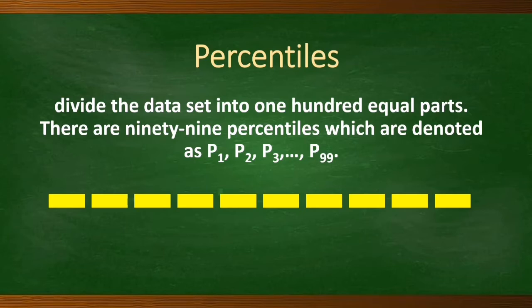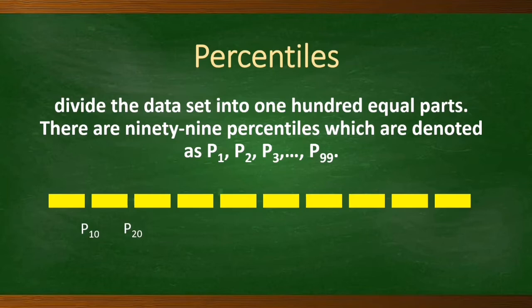There are 99 percentiles, which are denoted as P sub 1, P sub 2, P sub 3, until P sub 99. With the use of the diagram, this is P sub 10.